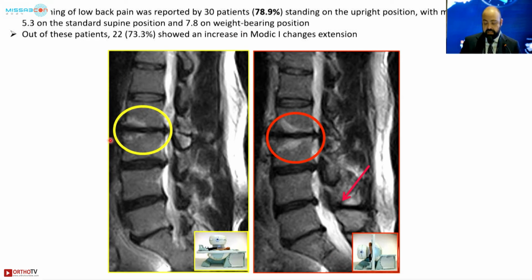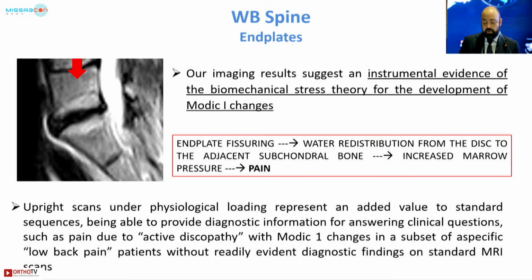This is another case with an evident increase of the edema in the anterior portion of the vertebra and the disc. So these imaging results are instrumental evidence of the biomechanical stress theory behind the Modic 1 changes, with end plate fissuring and water redistribution and edema from the disc to the adjacent subchondral bone.